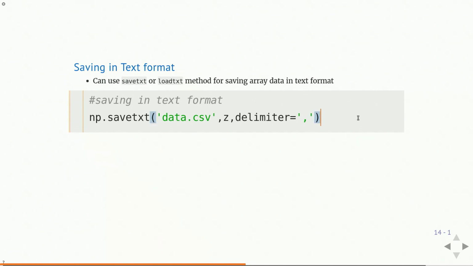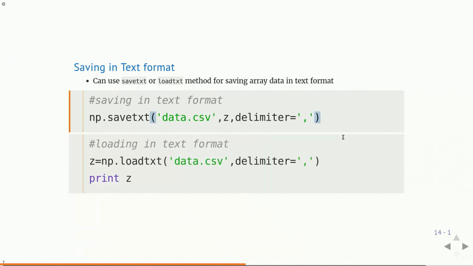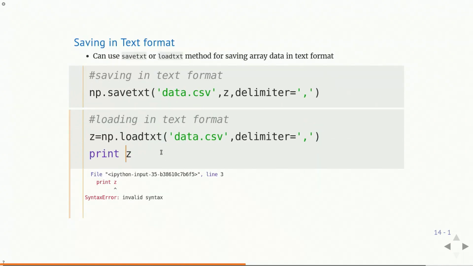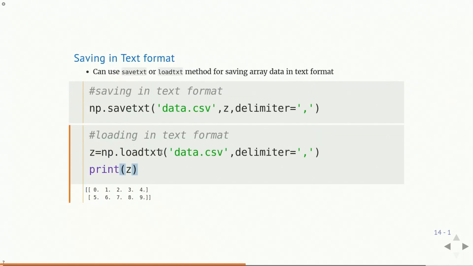Then for loading from the file, we will use the corresponding function loadtxt. The first argument is once again the name of the file we are reading from, and the second argument is the delimiter which we specified at the time of file writing. By default, if we don't provide any delimiter, it is considered to be a space. So here we can just load it. So here it is.